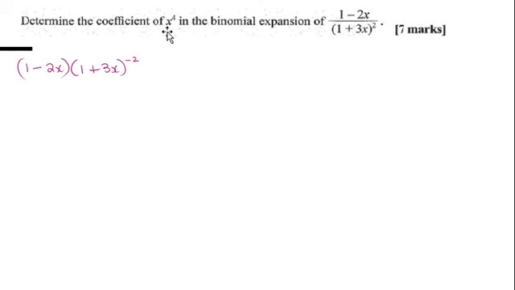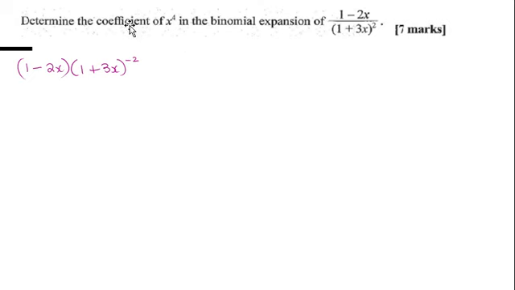Now, since we only want the x to the 4 term and we would be ignoring everything else, what we can do is to ask ourselves, what would the 1 have to multiply from this to get an x to the 4 term? What would a constant have to multiply from this expansion to get the x to the 4 term? And I'm hoping you're saying an x to the 4 term, right? A constant would have to multiply an x to the 4 term to get an x to the 4.